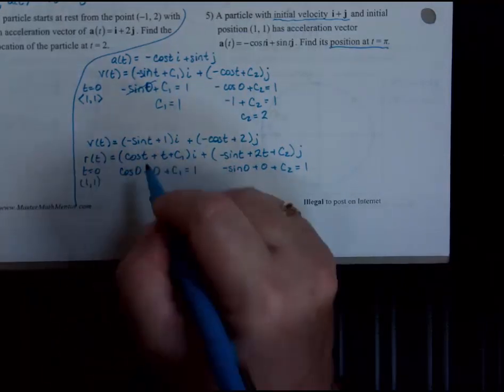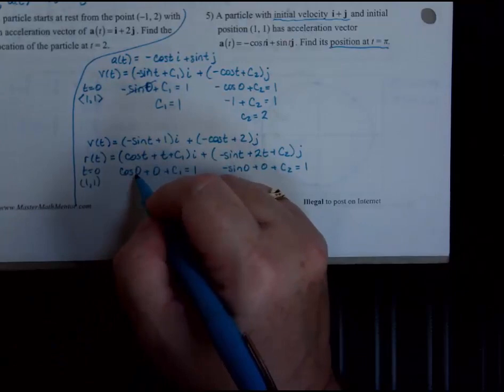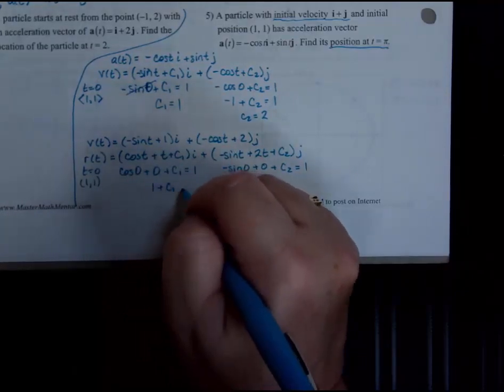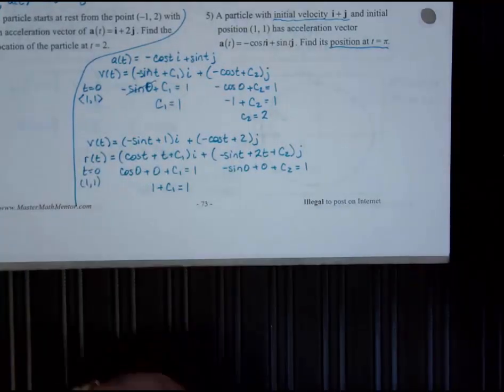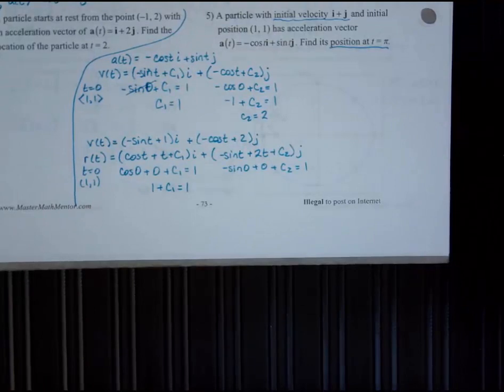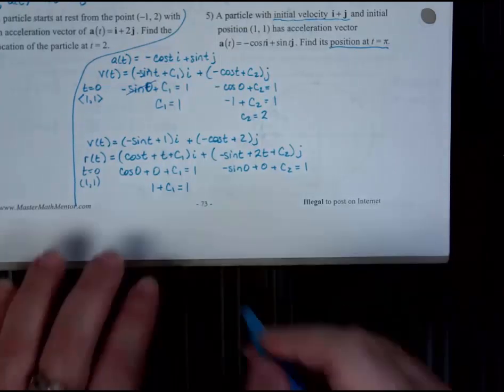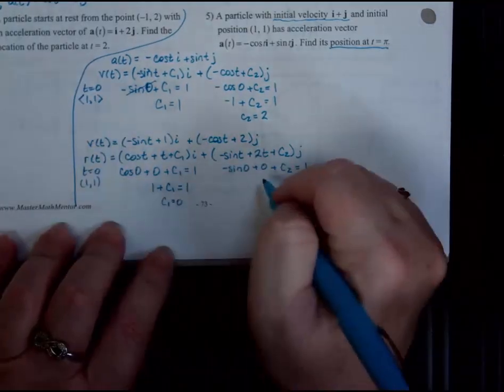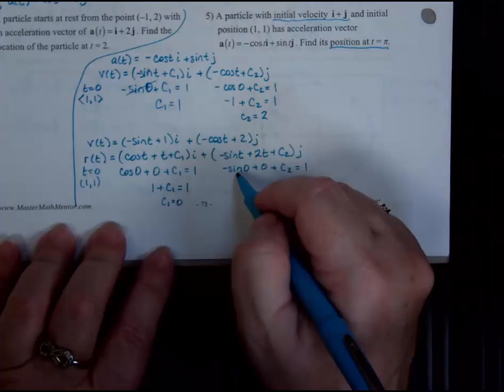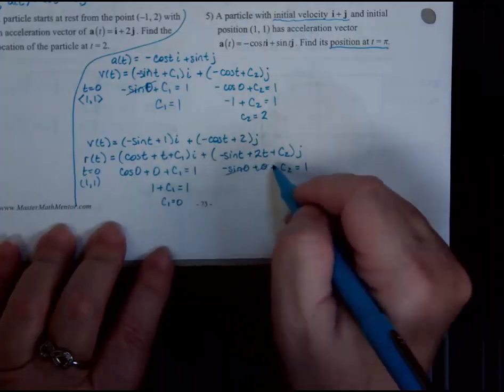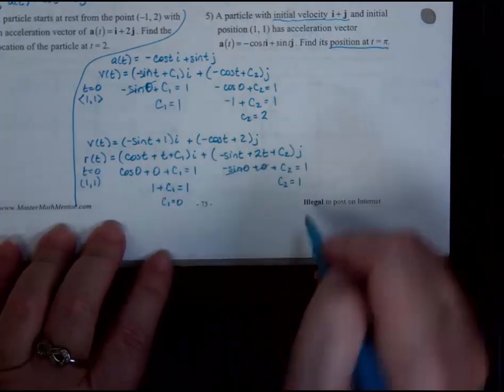Cosine of 0 is 1. So 1 plus C1 equals 1. What does C1 equal? 0. Over here, negative sine of 0 is 0. So I just get C2 equals 1. Done. That was easy.